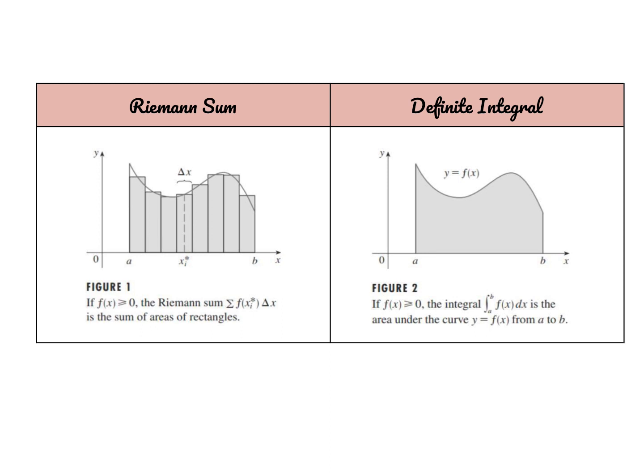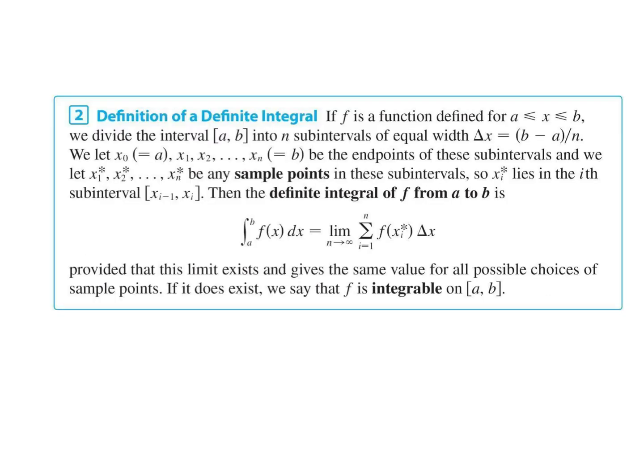Now, if we want the exact area under a curve, we're going to be using a definite integral for this. So we're going to talk more about this definite integral process now, and again, that's to get the exact area under a curve. All right, so here we have the technical definition of our definite integral, and it's over the interval a to b with n subintervals. So you can see here we have our definite integral.